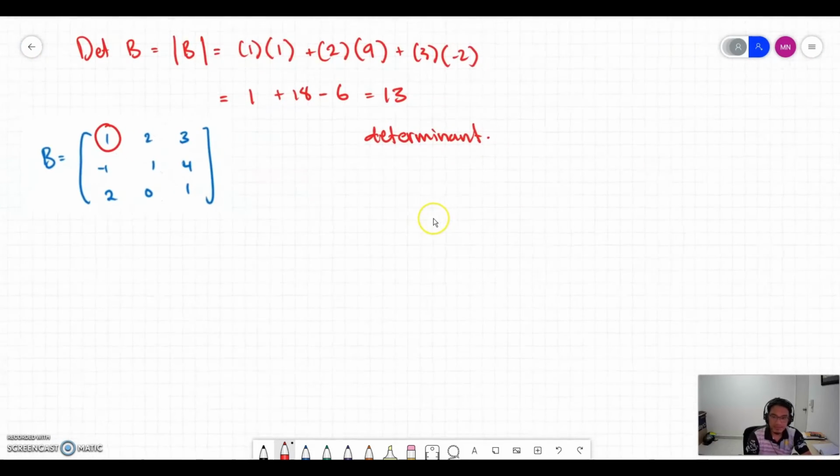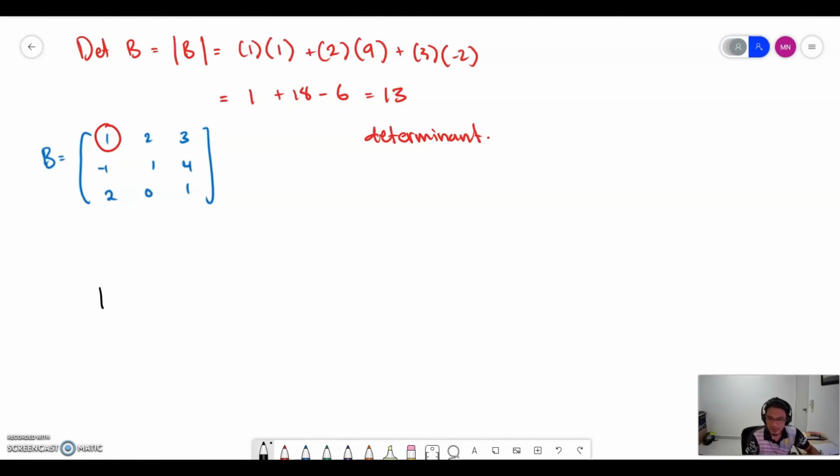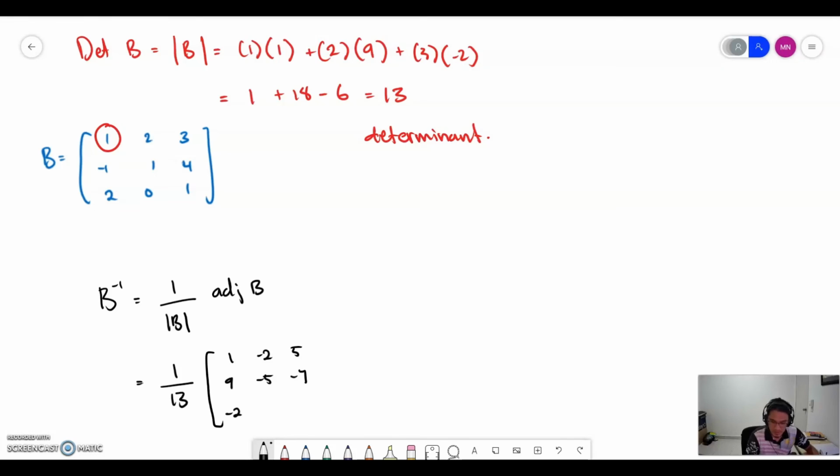Now we have the adjoint and the determinant, and we substitute them into the formula of inverse. So B inverse equal to 1 over the determinant of B multiplied with the adjoint of B, equal to 1 over 13 multiplied with the adjoint, which is 1, negative 2, 5, 9, negative 5, negative 7, negative 2, 4, and 3.